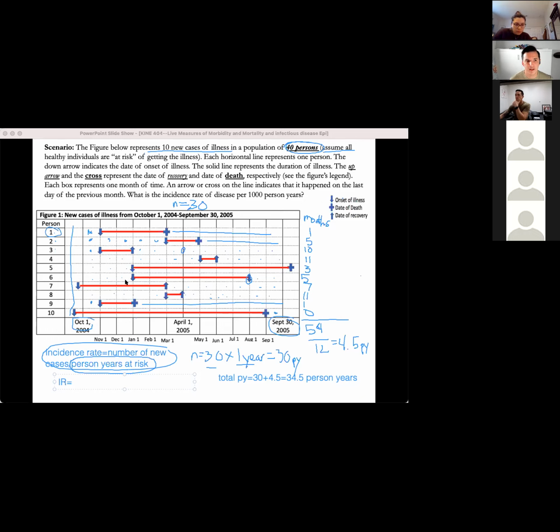And so that gives me 0.23188. And then I have to multiply that by my multiplier. In this case, that is 1,000 person years, as I indicate up here above. So that's times 1,000, that equals 231.88.